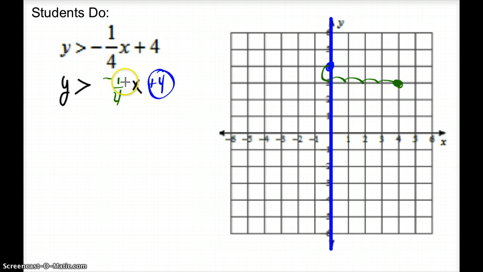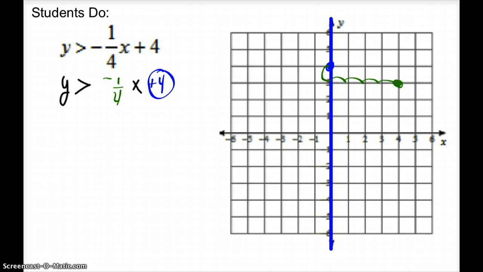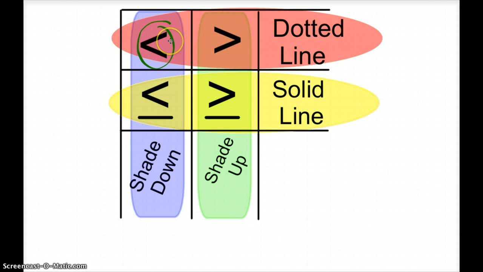Here's my line. Again, dotted line or solid line? I know that this one is a greater than, so this one should be a greater than. Is that right? Yes, greater than, greater than. Okay, so that means dotted line, shade up.